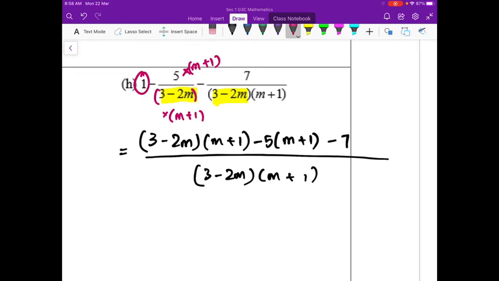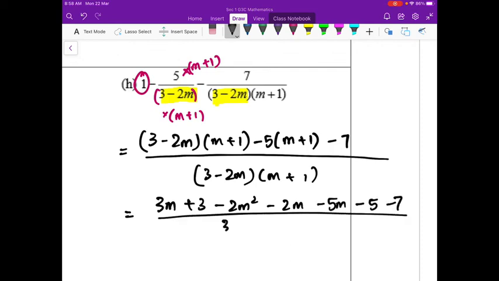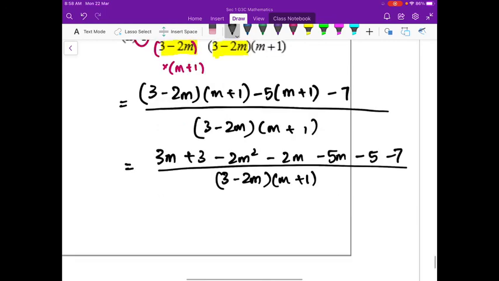Then go and simplify, you will get your answer. 3m plus 3 minus 2m squared minus 2m minus 5m minus 5 minus 7, over 3 minus 2m, m plus 1. Arrange them, m squared first. 3 minus 2 is 1, so minus 4m. This is negative 2, so minus 9.